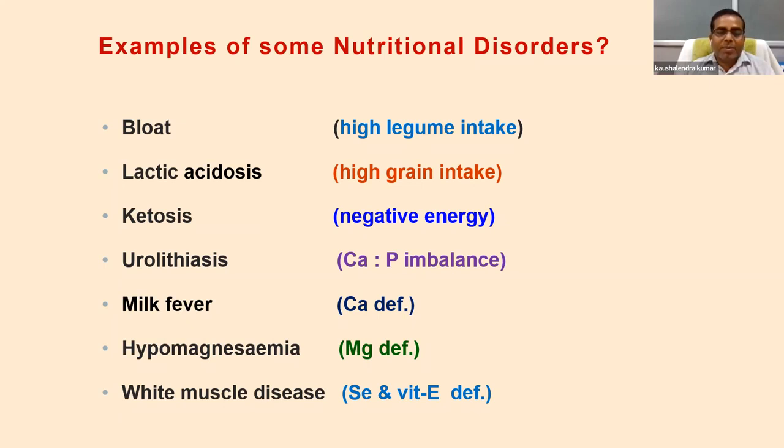So this is a major problem nowadays, and this happens due to calcium and phosphorus imbalance. There is a formation of calculi in the urinary bladder or even the urinary tract system.